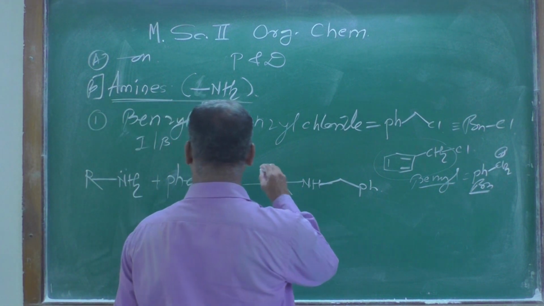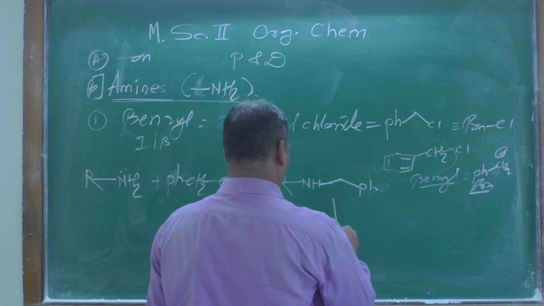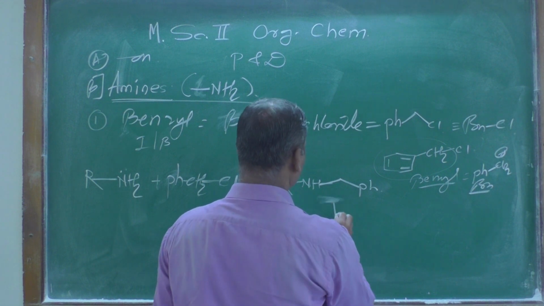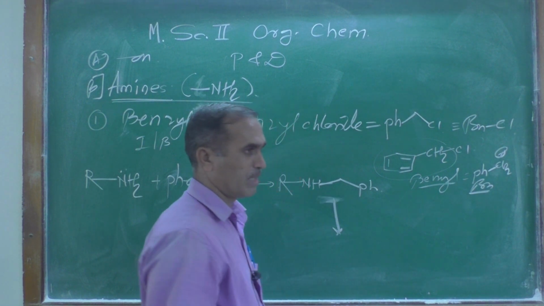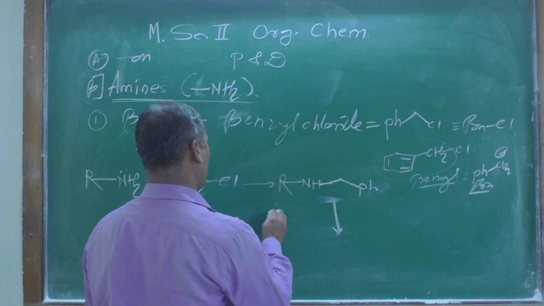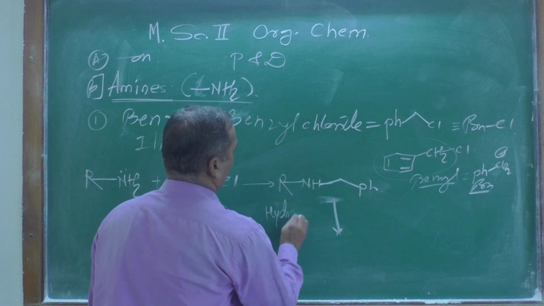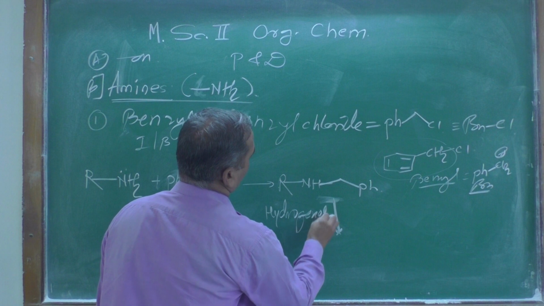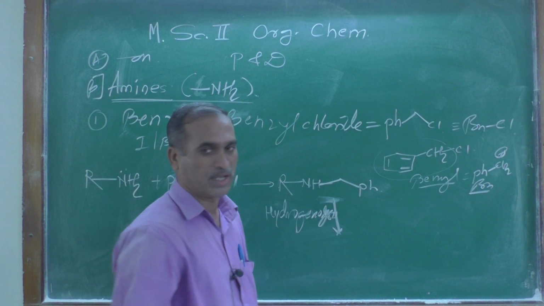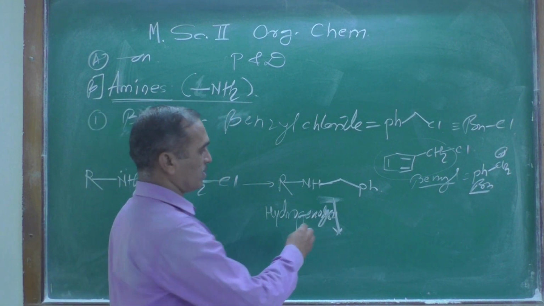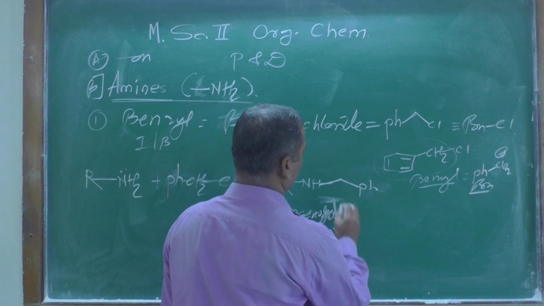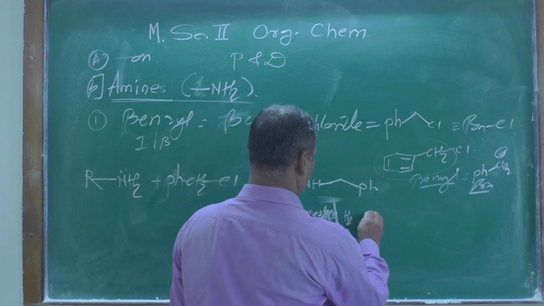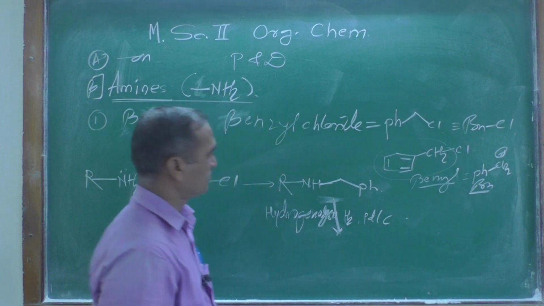Now the deprotection can be done by using what is called hydrogenolysis. Hydrogenolysis means using H2 in the presence of palladium on charcoal.